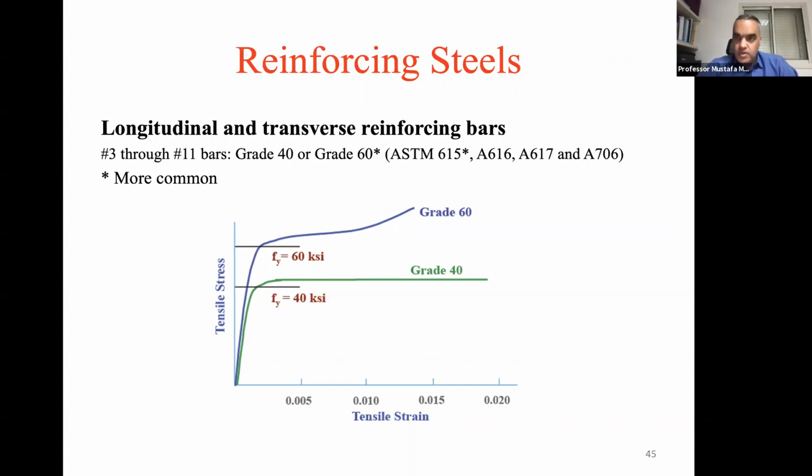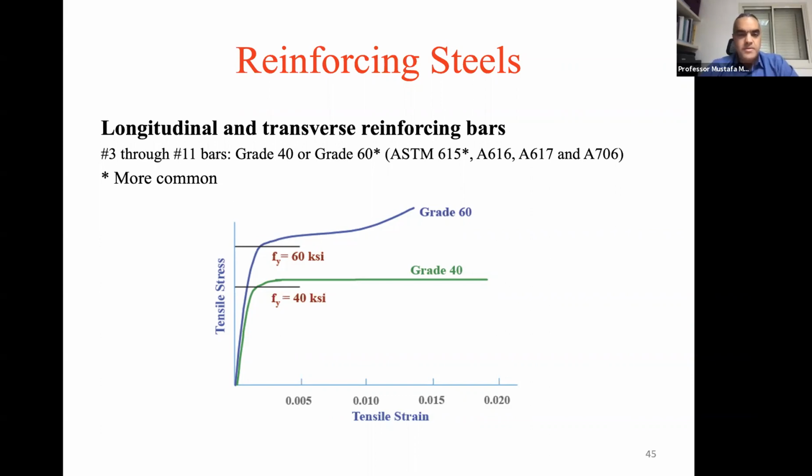So up to number 9 is okay, and there's actually a requirement that the rebar diameter should not exceed 1/8 of the wall thickness. But typically, to have reasonable bars that can be grouted and can be effective, up to number 9 in masonry walls. Whether grade 40 or 60 can be used.